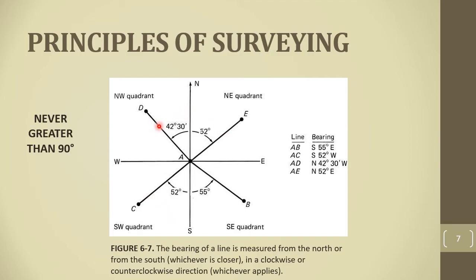An important consideration for bearings is that it is never greater than 90 degrees. So north 90 degrees east would be due east. The minute I go into this quadrant, I'm dealing with something that is south some degrees east.